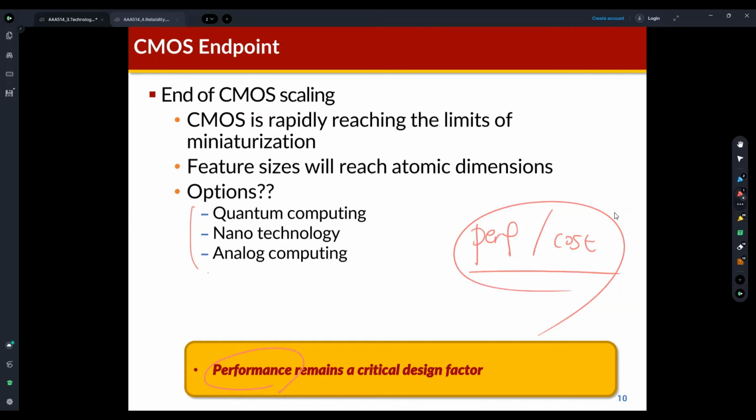How can we improve the performance of our processor? We can develop some new types of processor, such as domain-specific architectures. Also, we can use different technologies, such as quantum computing, nanotube technology, or analog computing.